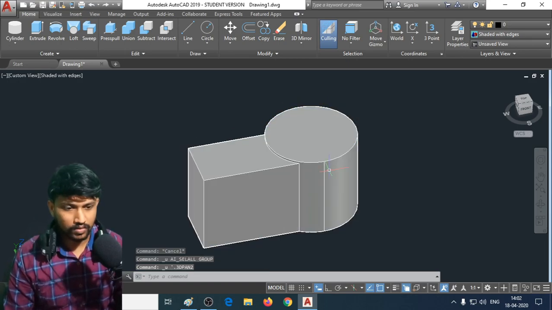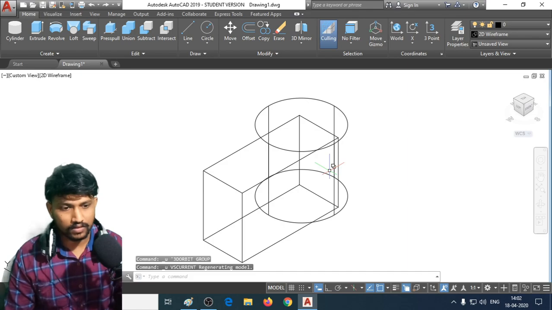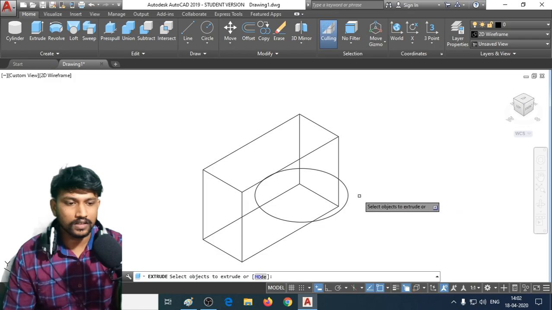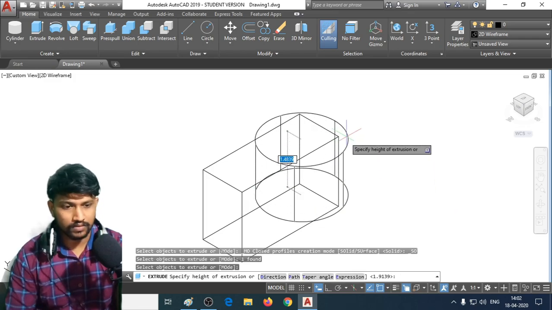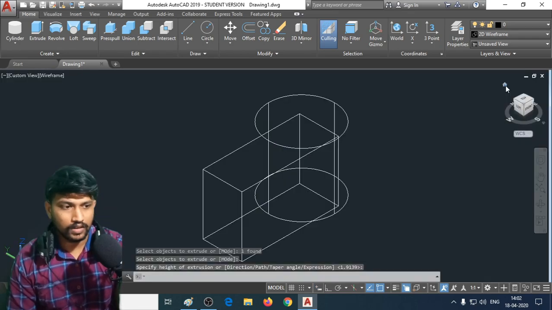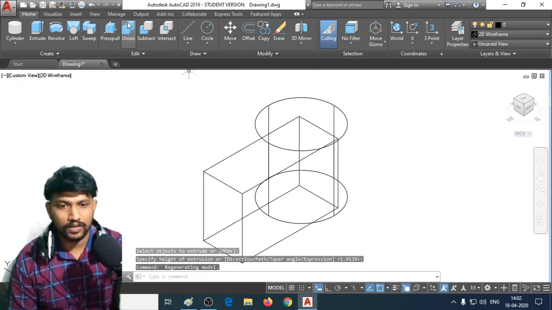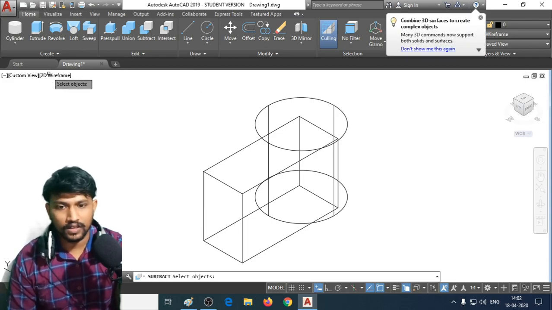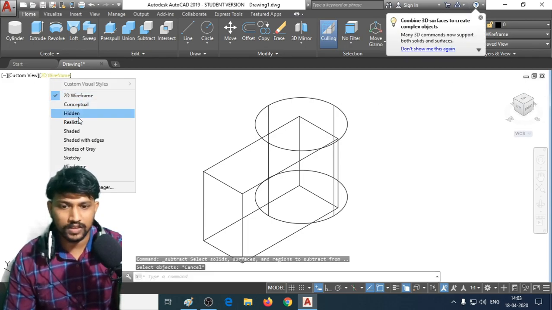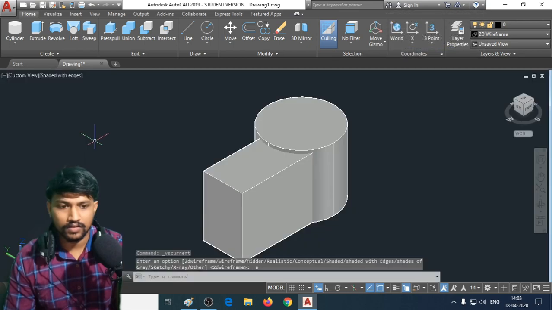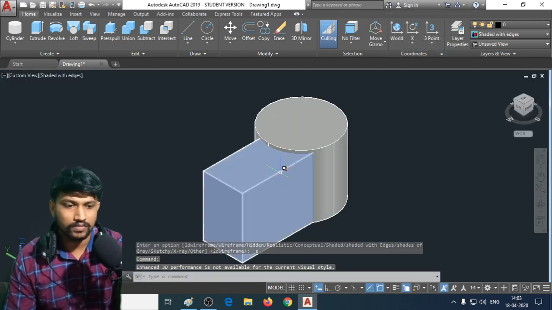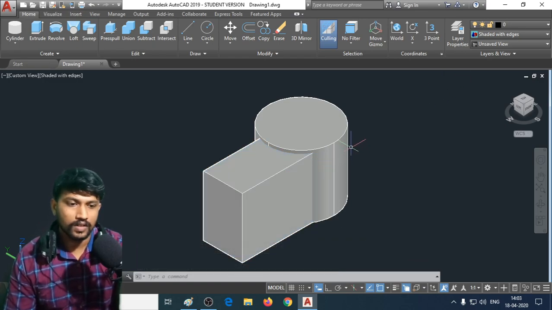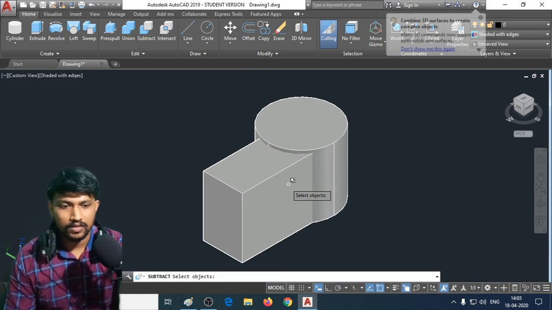Now I'm going to undo what I have done. Let us extrude this one. Let us see the subtract command. Say that I want to subtract this cylinder.